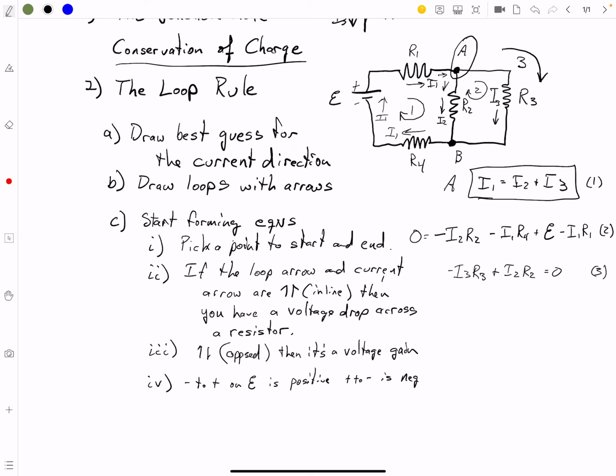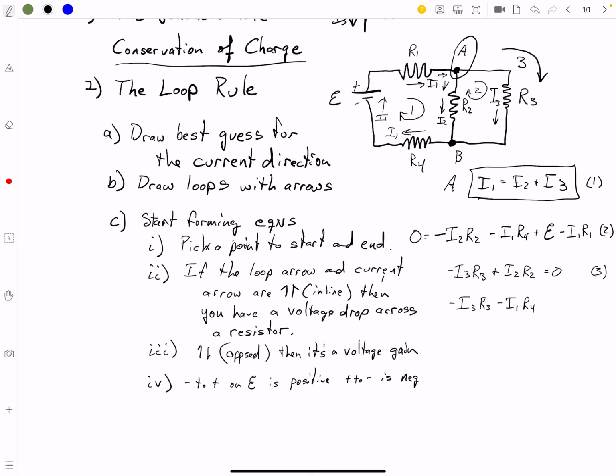Our third loop, let's do our third loop. We're going to start at A. We're going to go down. The first thing we come across is that resistor 3, I3, R3. Same direction as our loop. We get to R4, same direction. The current and the loop are going in the same direction, I1, R4. We get our EMF. We have to add because it's going negative to positive on our EMF.